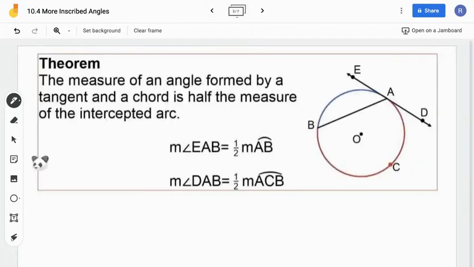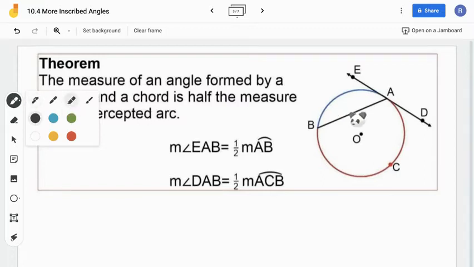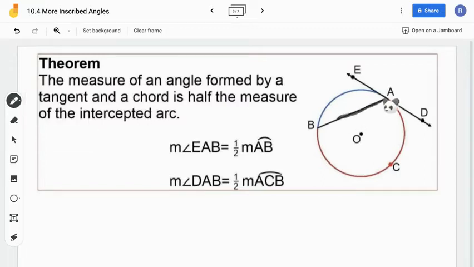Okay, and then here's another really important equation that we're gonna use. And this one deals with an angle that is formed by a chord. Here's our chord and a tangent. And so anytime you see a chord and a tangent, it is half the measure of the intercepted arc.